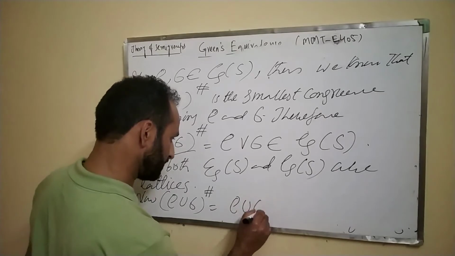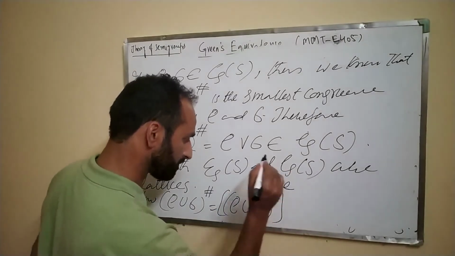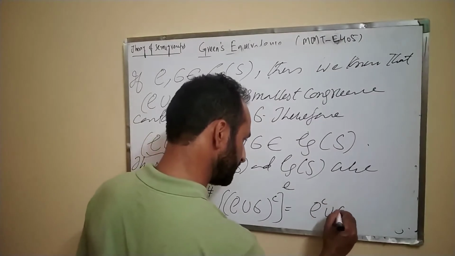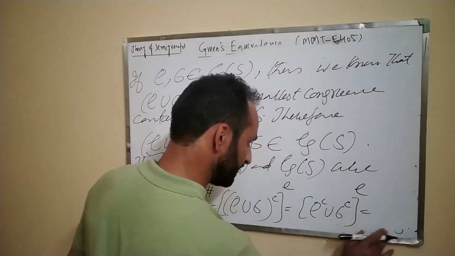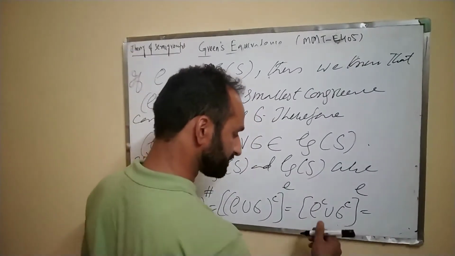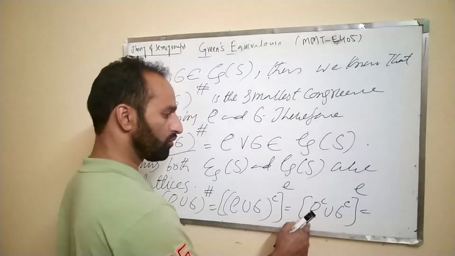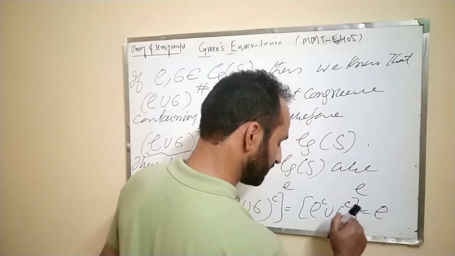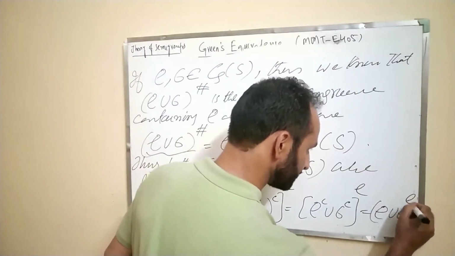It's equal to rho union sigma C E, which is equal to rho C union sigma C whole E. What's rho C? It's the smallest compatible relation containing rho, but rho is itself compatible, therefore it's equal to rho, and this is equal to sigma because sigma is itself compatible. It's rho union sigma power E.